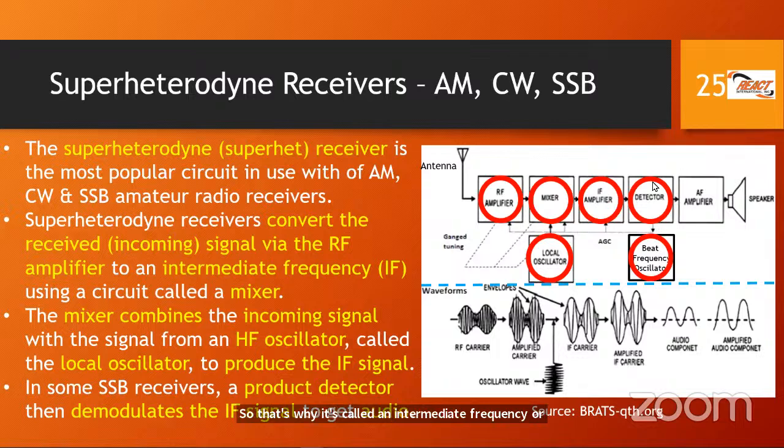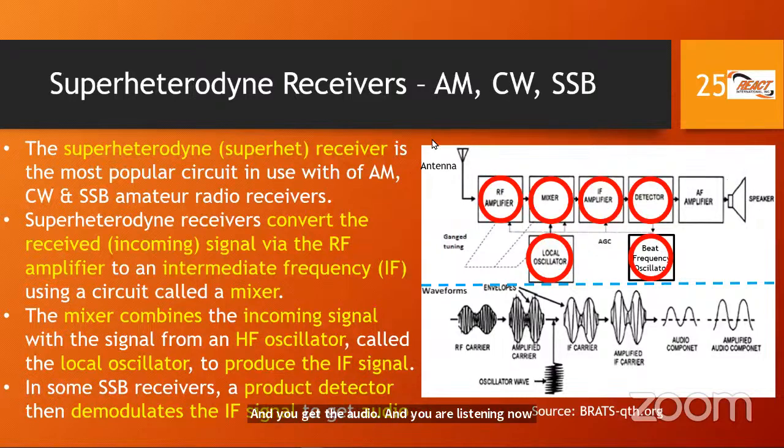And you can also have what is called a product detector, and that will now demodulate the signal from the IF stage to give you the audio stage, right? So you have a BFO, or beat frequency oscillator, and you get the audio, and you are listening now to that transmission.